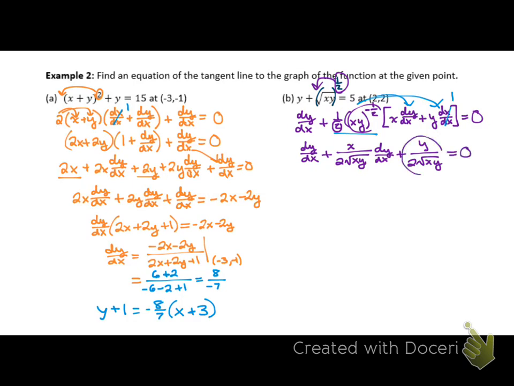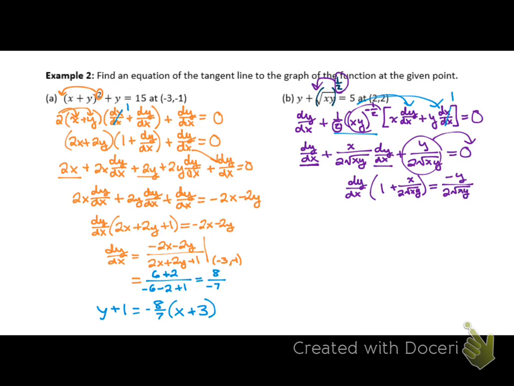So I'm going to take this one and move it to the other side, and there's a dy/dx in both of these, so I'm going to pull those out at the same time. So I'm doing two things at the same time. I'm going to pull dy/dx out of the two terms that are left over, and I'm going to move the y to the other side. So dy/dx times 1 plus x over 2 root xy equals negative y over 2 root xy.